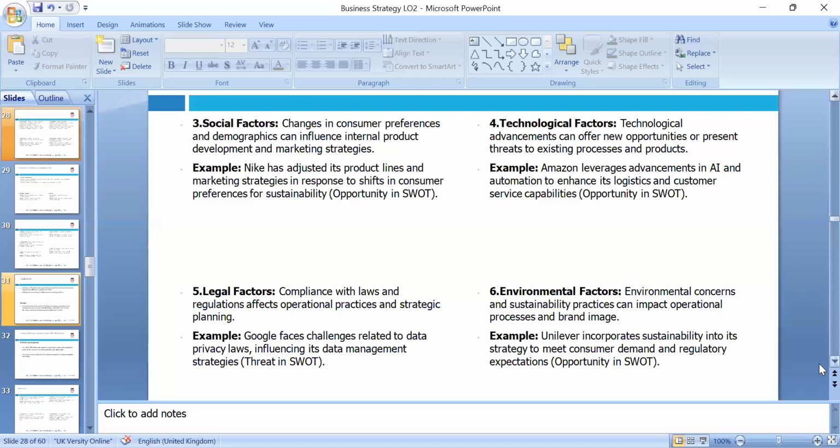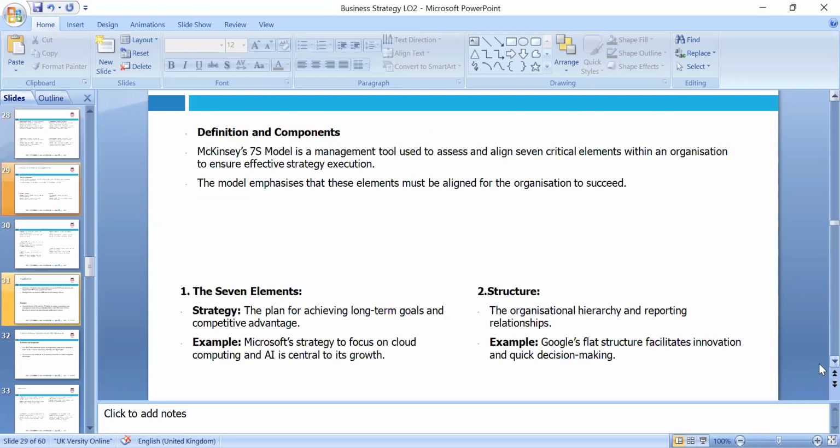We have GDPR, the General Data Protection Regulation, an external factor, with new laws on these, like Facebook being accused of breaching data and selling data. Environmental factors: the environment has changed operational processes, and Unilever incorporated sustainability into strategy to meet customer demand and regulatory requirements. So we can look at the McKinsey 7S approach, management tools, which has the 7S strategies.